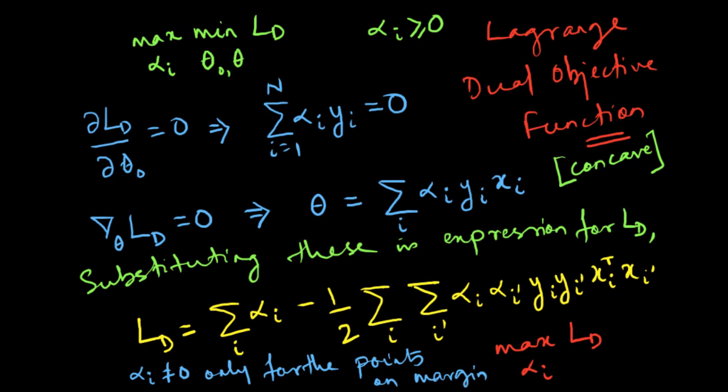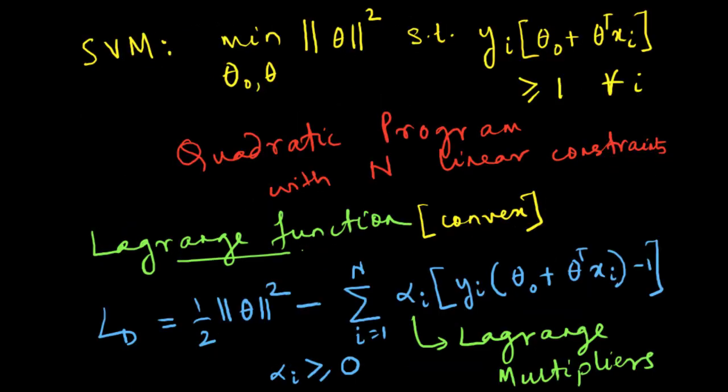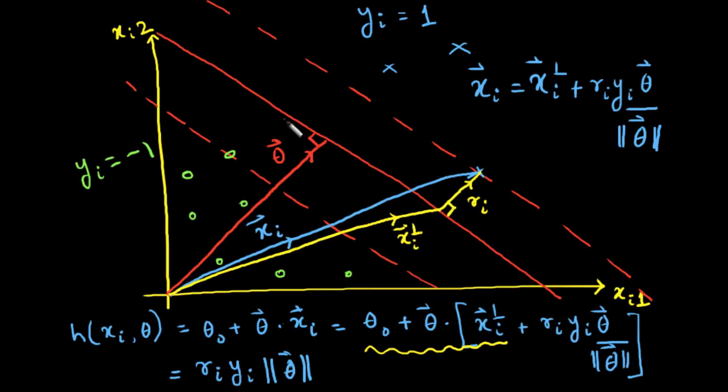So what are the points on the margin? The points on the margin are the ones which are lying on these dashed lines, which are the closest to the decision boundary. And these points which are on the boundaries are called the support vectors.